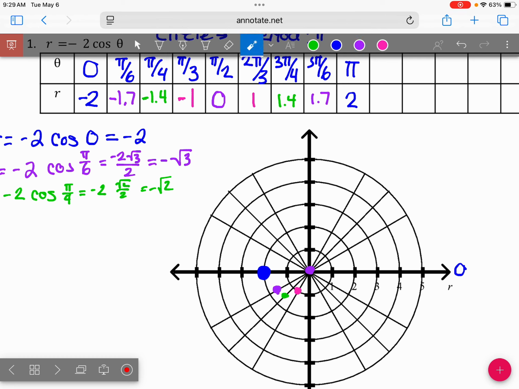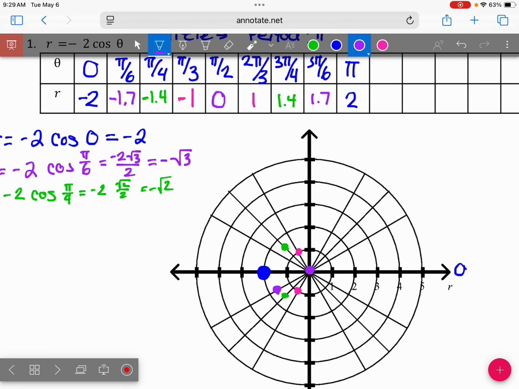And then we have our 2 pi over 3. So we're at this angle here with our radius of 1. So we're going to be there. Our 3 pi over 4, which has a radius of 1.4. So about there.